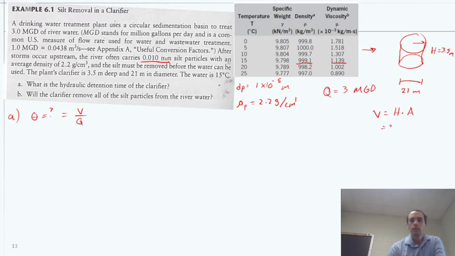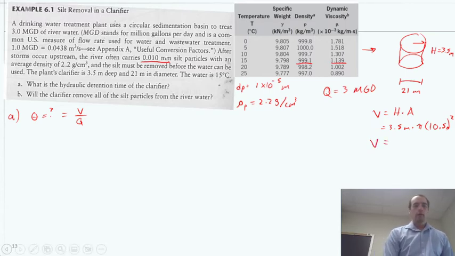So that's going to be 3.5 meters times pi r squared. Okay, so pi r squared is the area of the circle for the cylinder, and that will be pi times, I'm just going to go ahead and divide 21, so it'll be 10.5 meters squared. Okay, so let's go ahead and just use Excel real quick.